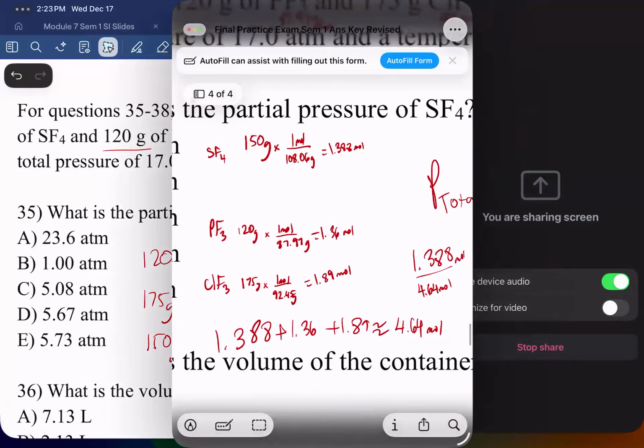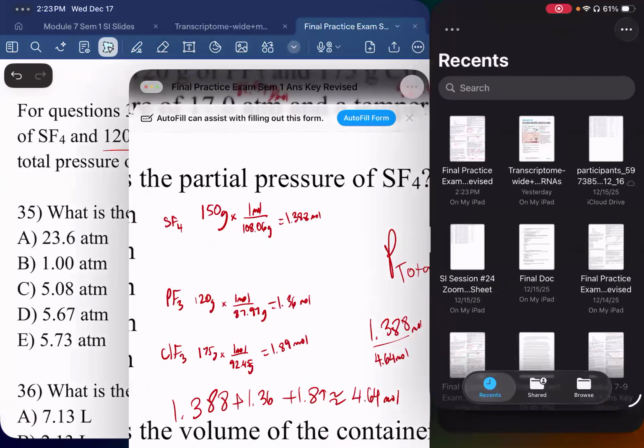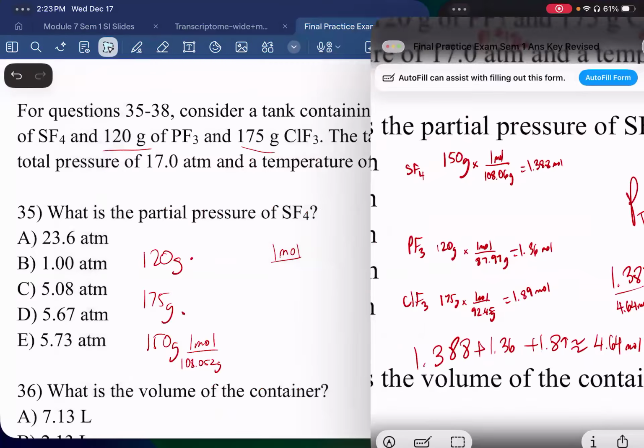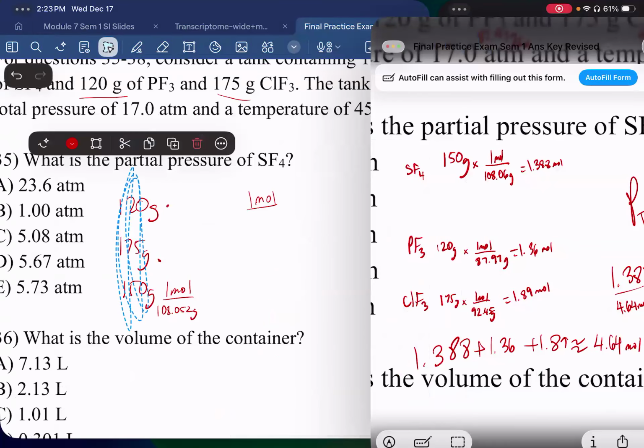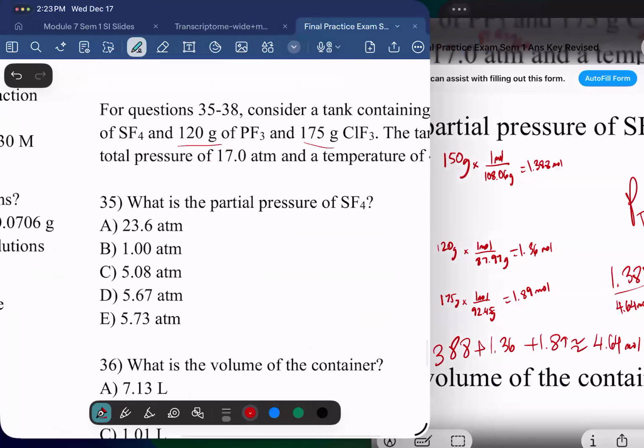So here's all the molar masses, or here's the moles. I calculated from previous things like the moles, right? So I'm just gonna write the moles out just so that we can save some time. We do this by calculating them, using the molar mass and then calculating the moles.